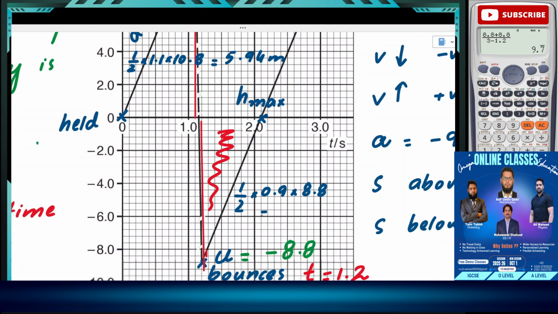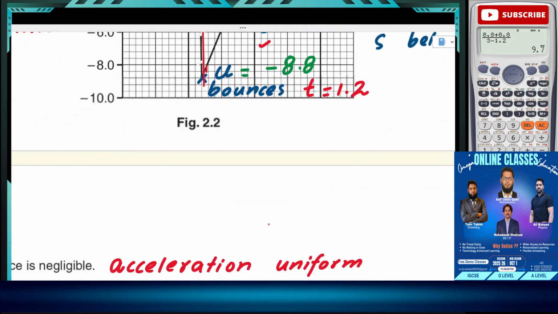So for the second area, we get the answer 3.96 meters. What is the total area? Sorry, what is the total distance? 5.94 plus 3.96.